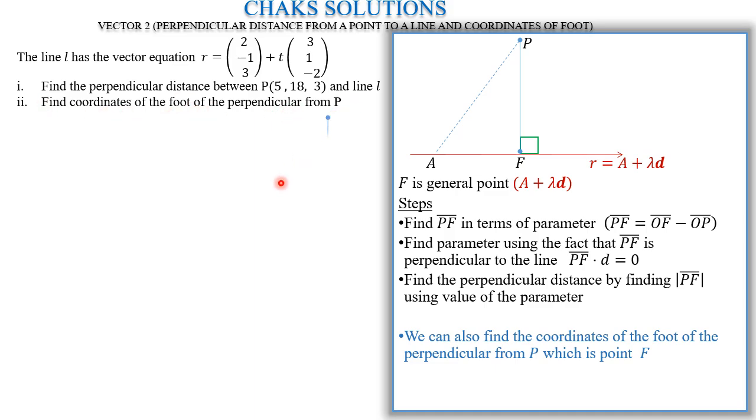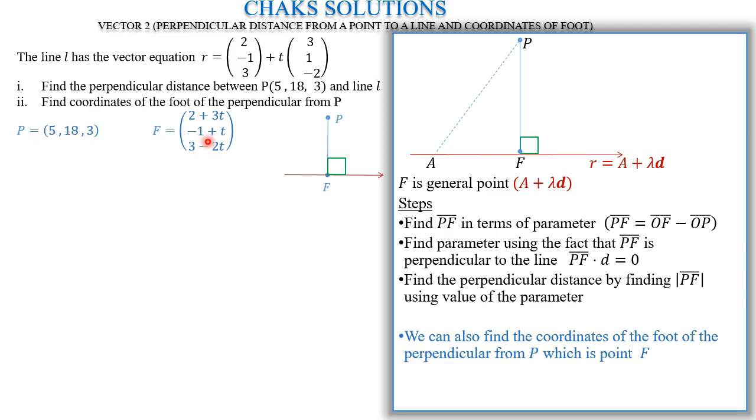So let's go on the diagram and see how it looks. Our scenario is like this. We have the coordinates of P here, and we also have the coordinates of the foot F here. You can see PF is perpendicular to the line. So our point is (5, 18, 3).